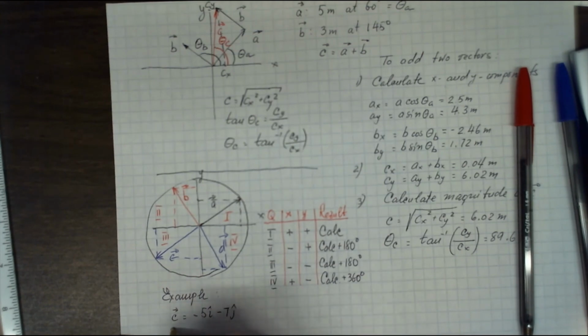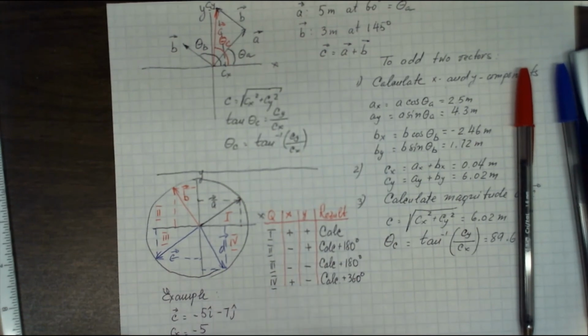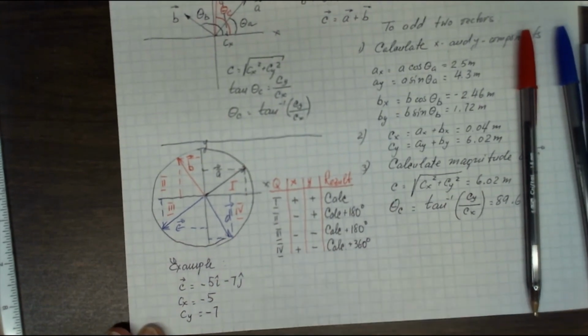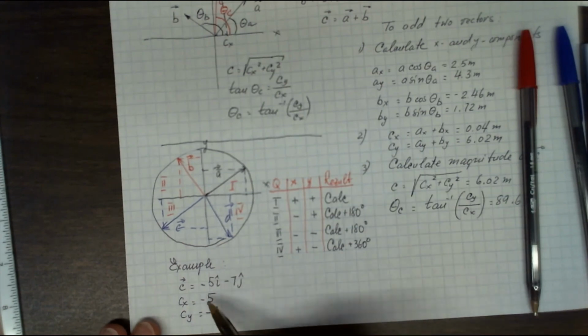So C of x is negative 5 and C of y is negative 7. Looking at those, both components are negative.